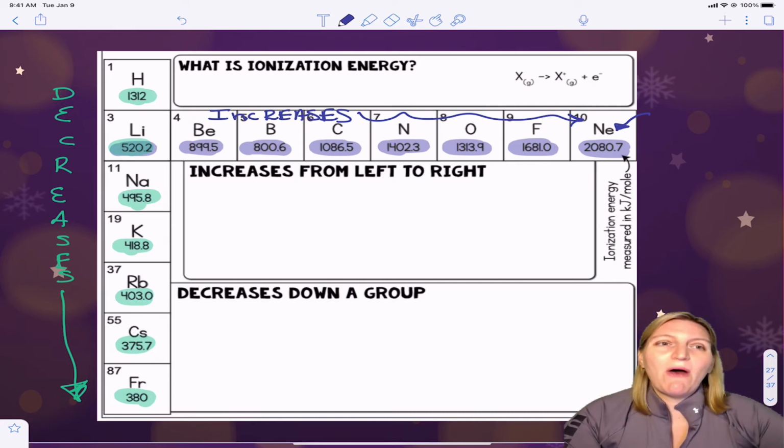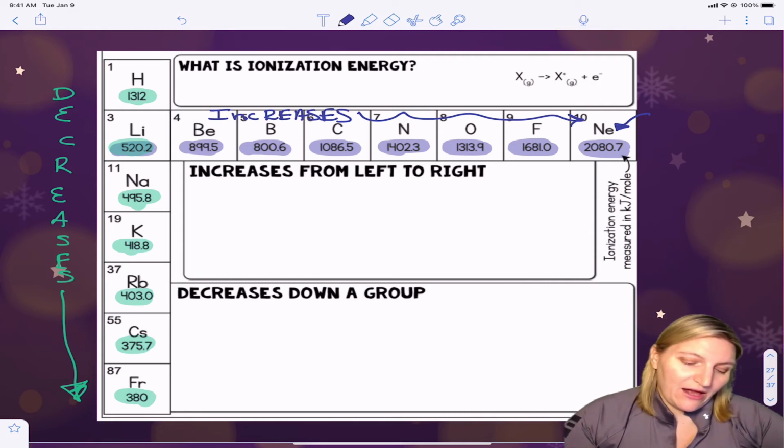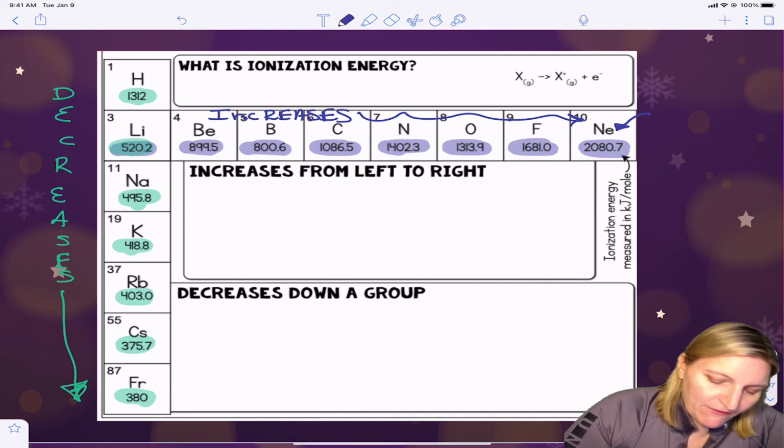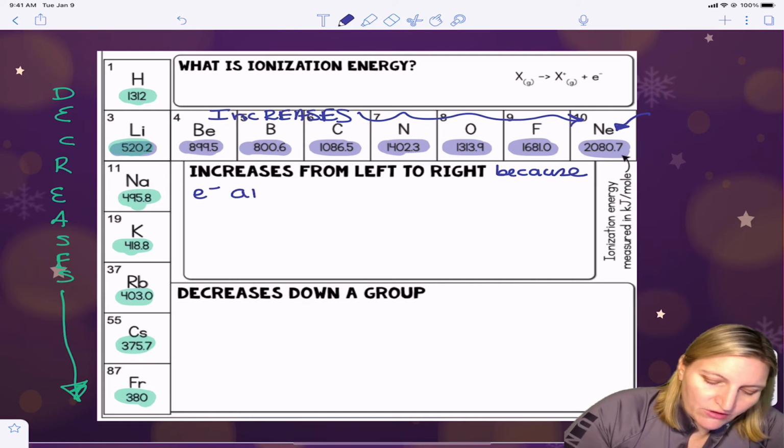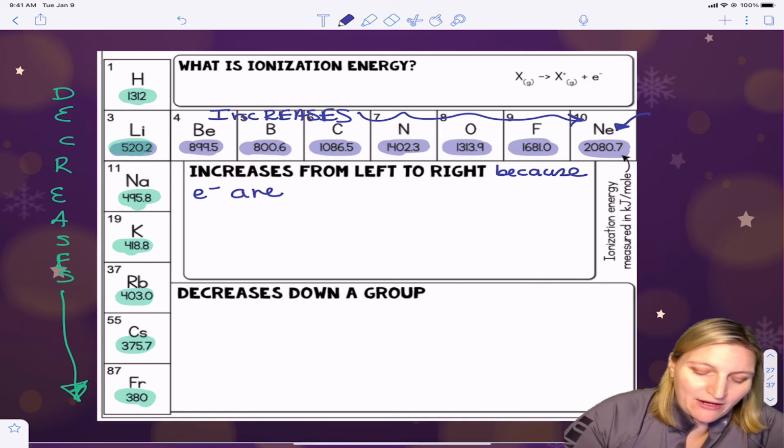So let's think about how we can describe that. Ionization energy increases from left to right because electrons are in the same energy level.